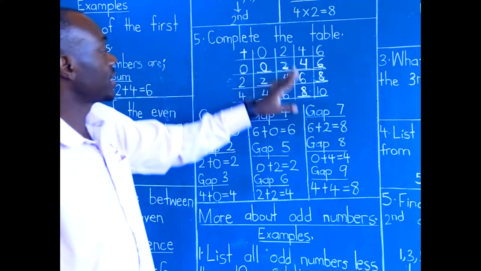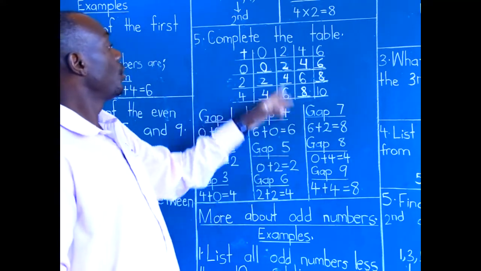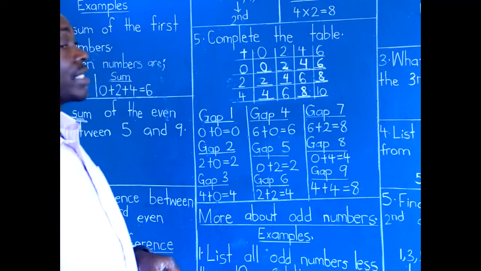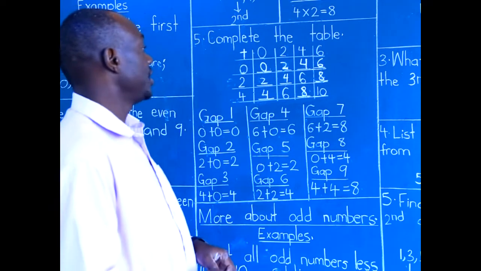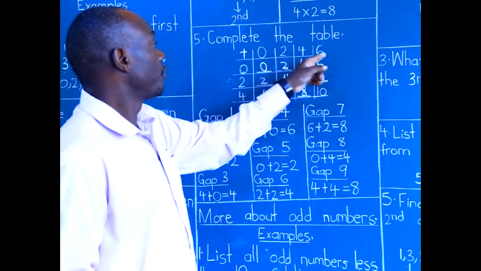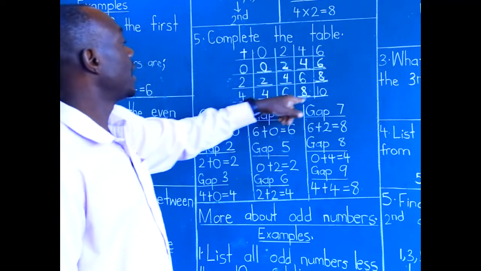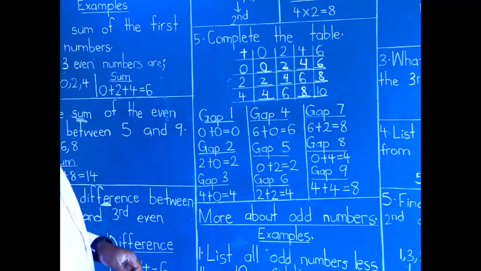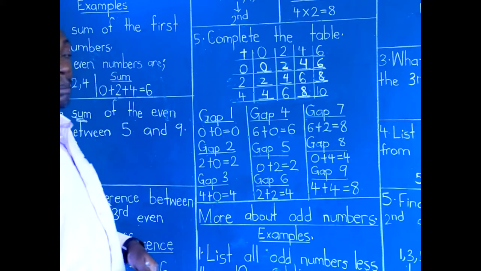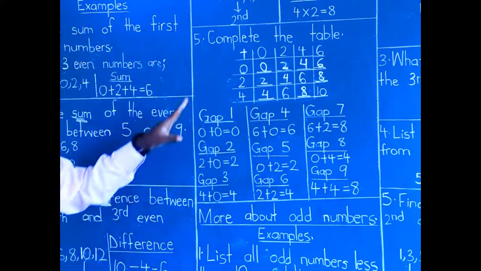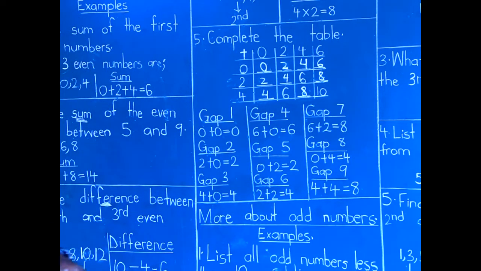So we have only such answers: 0, 2, 4, 6, and 8. Therefore we conclude that an even number plus an even number gives another even number. And that's the way we analyze our even numbers.